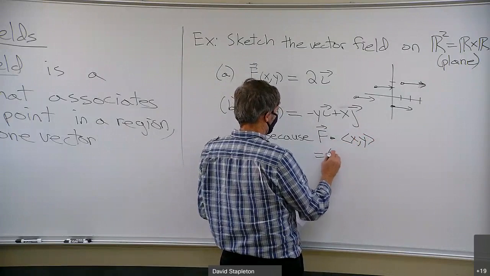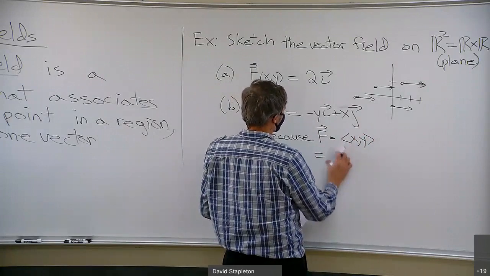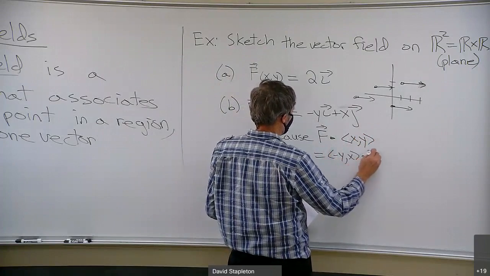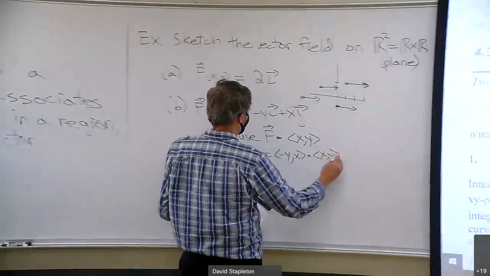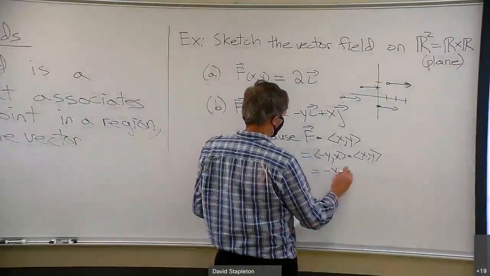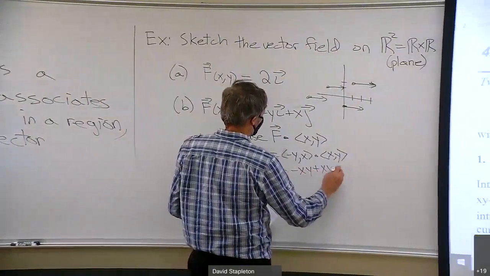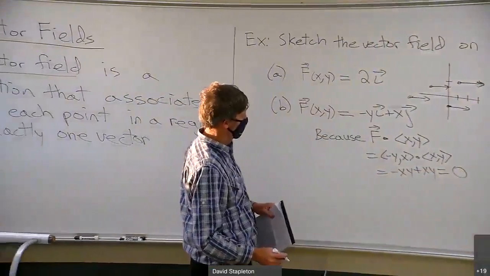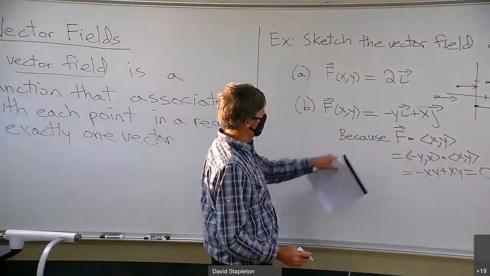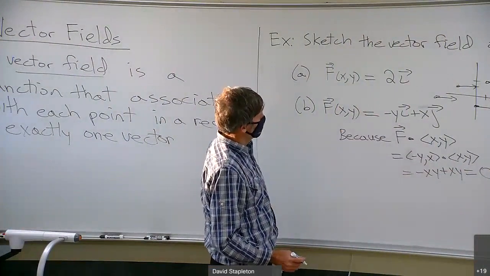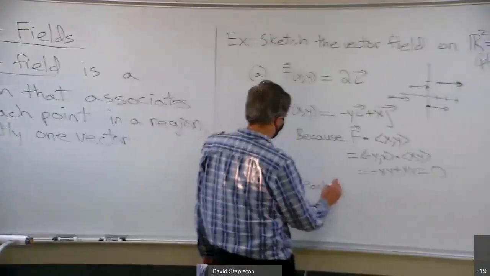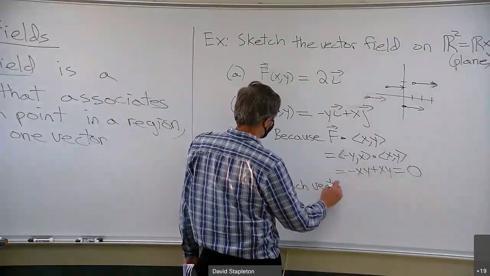Well, it's minus y, x dot x, y, equals minus xy plus xy equals 0. Each vector in the vector field is perpendicular to a vector from the origin to the point.